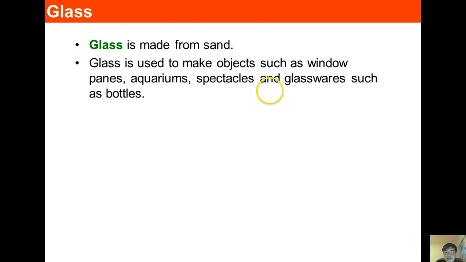Take note that nowadays most spectacles, the transparent part over here, are made of plastic for safety purposes, because the plastic will not crack easily if your plastic glasses fall off. Glass would break.